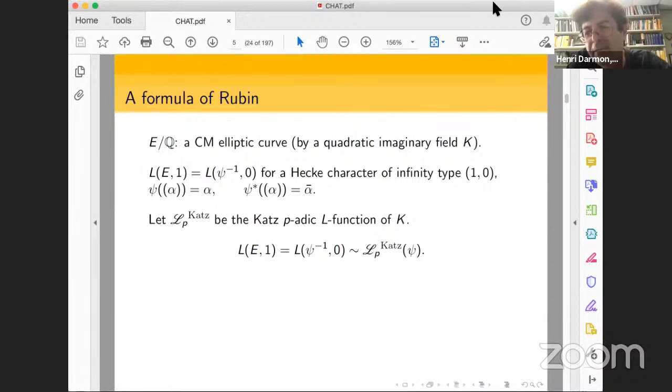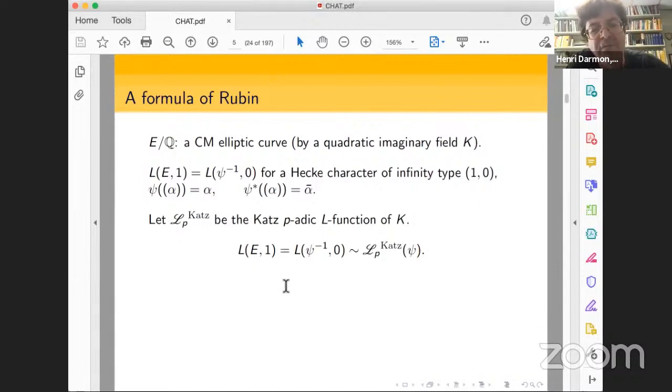And that has a certain domain of interpolation. There's a set of characters for which, after dividing by suitable periods, one then defines the p-adic L function by p-adic interpolation. And one can set it up so the character psi is in the domain of classical interpolation.